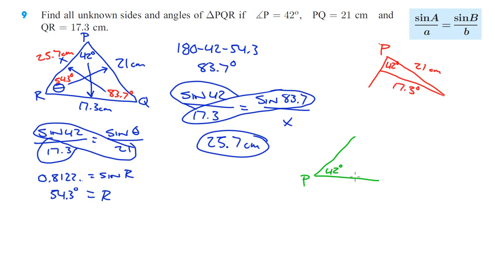We don't know what this side length is here, but if this is going to be R, we know that this side over here is 21, and this side across from P is 17.3. So we just know these two sides and that angle. We don't know this angle or this angle or this side. So this, kind of like how we drew it before, just rotated, works just fine.